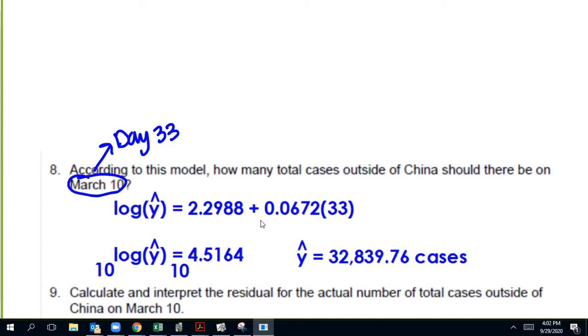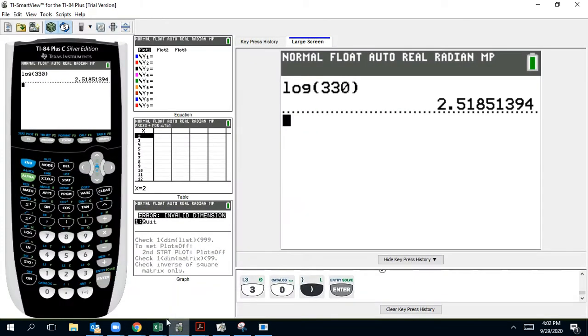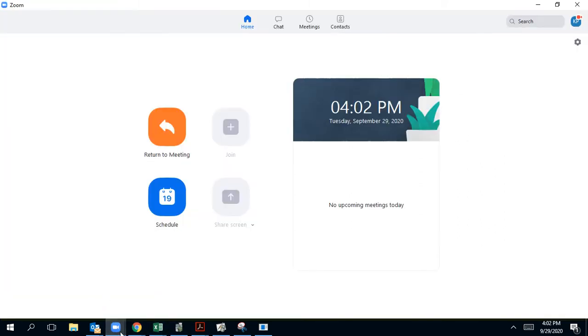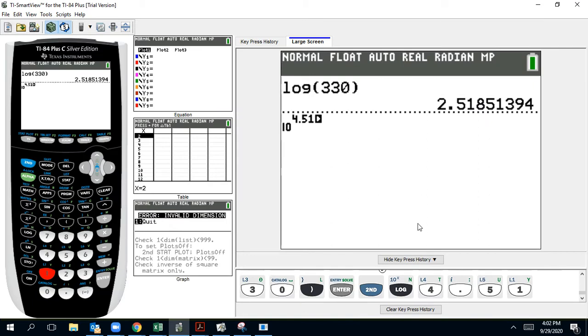I'll show you how to do it in the calculator. The way I got that was you hit second log, and then I typed the 4.5164.